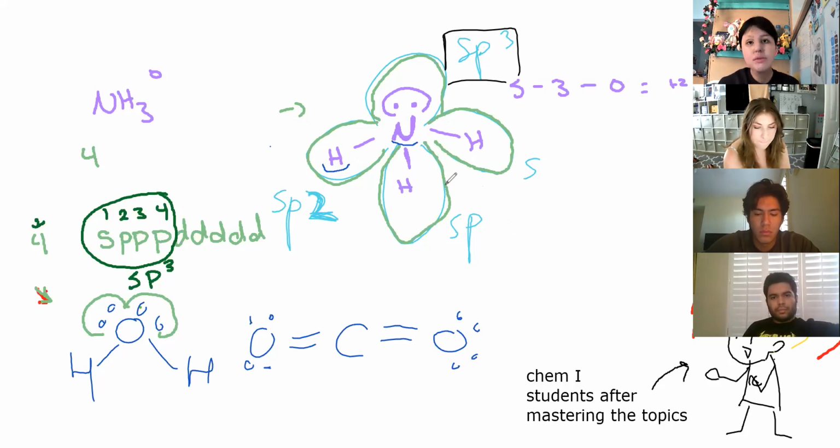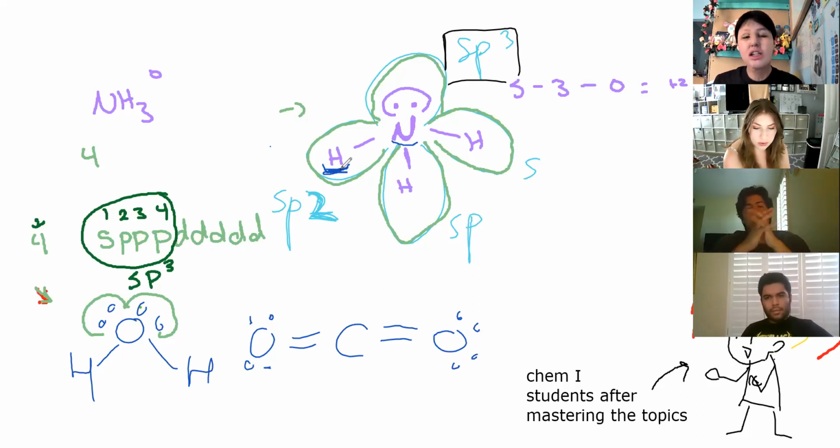So in the case of nitrogen, what's going to happen with the electrons that it's sharing with, let's say this hydrogen, for instance? Is there going to be an equal pull between the nitrogen and the hydrogen? No, right?